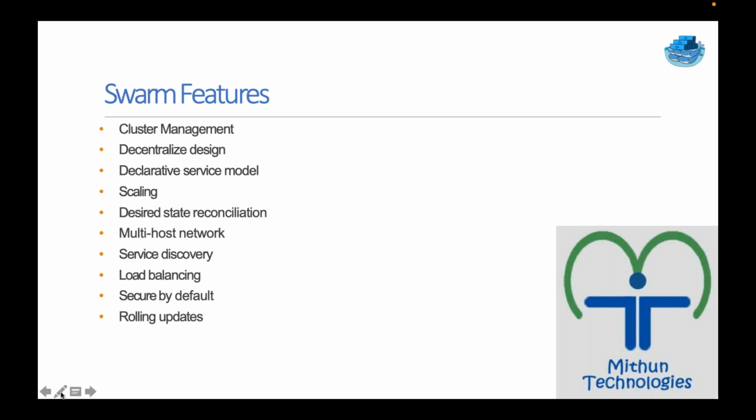So we have a lot of advantages when we go for Docker Swarm, like the declarative service model. It's a cluster management. What is the meaning of declarative service model? Do I need to write any code to manage high availability, load balancing, anything?